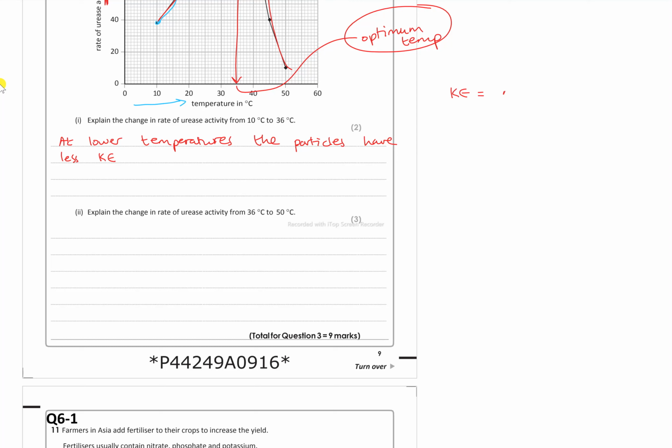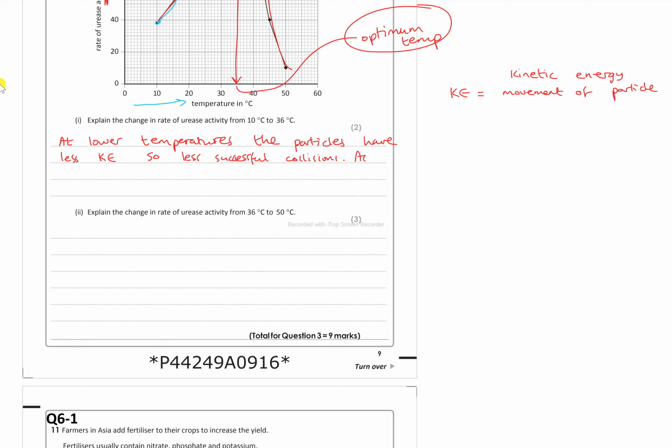Kinetic energy is to do with the movement of a particle. At low temperatures, the particles have less kinetic energy, so you're going to have less successful collisions.